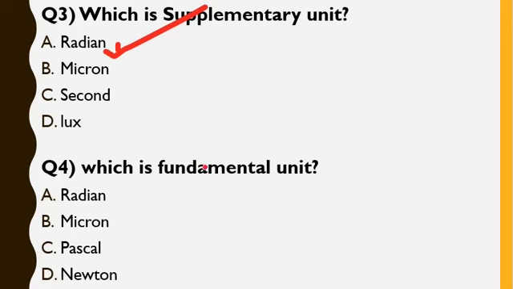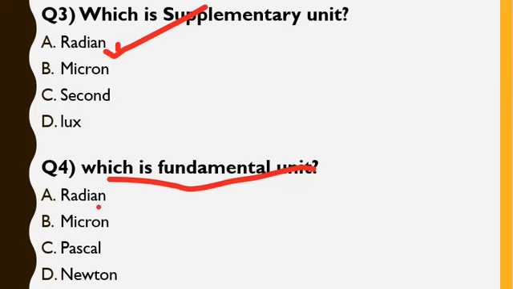Another question. Which is a fundamental unit? We know that according to the SI system there are 7 fundamental units: length, time, mass, temperature, luminous intensity, electric current, and amount of substance. These are the fundamental units.